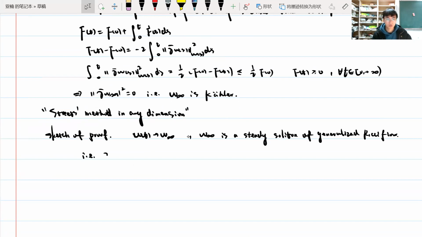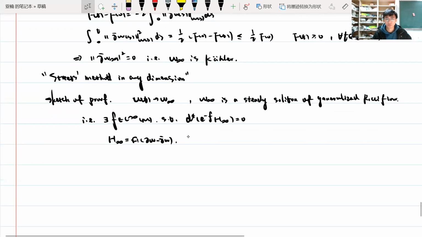That means there exists a simplest function such that G star H. So the three form is just the torsion form in our solution case, in the Fourier closed flow case.